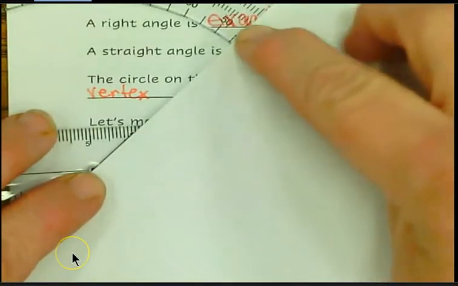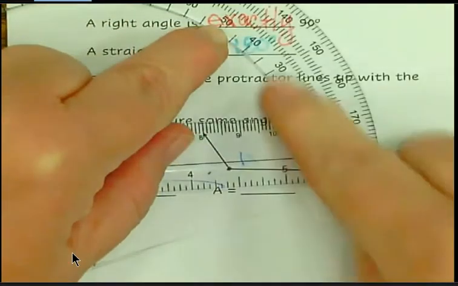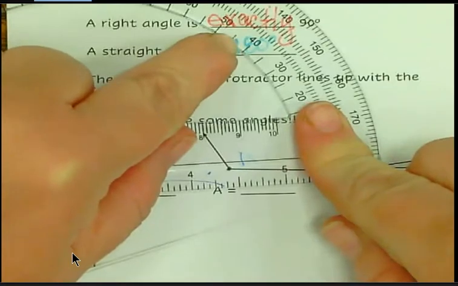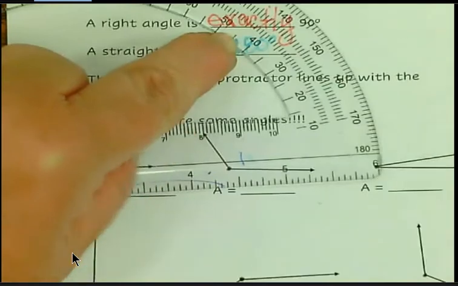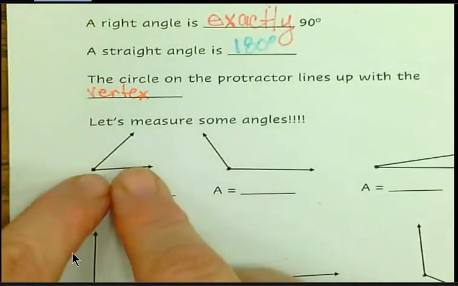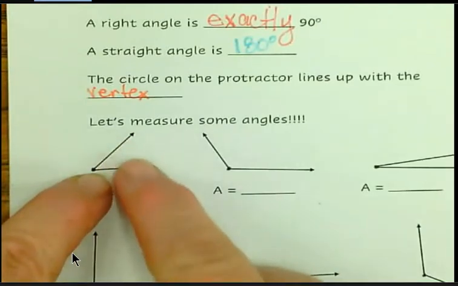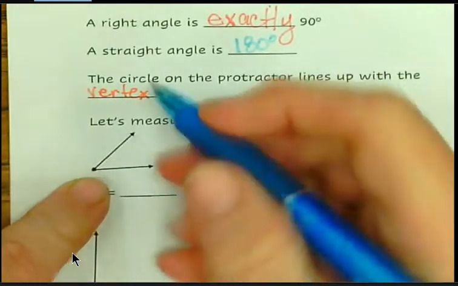And you can see that it landed right there. So this is 50. That's 40, so it must be 45, right? Why would it not be 135? Look at that angle. It has to be 45 because it's less than 90 degrees, right?